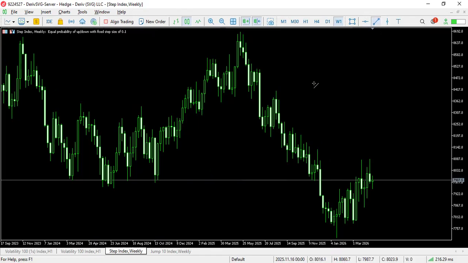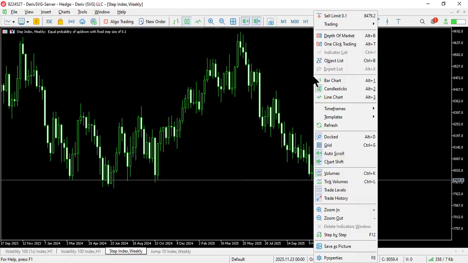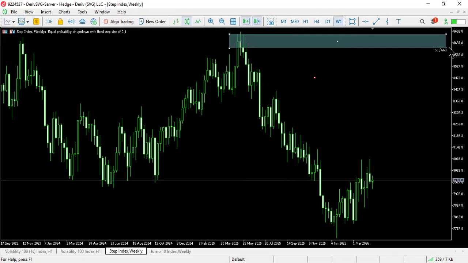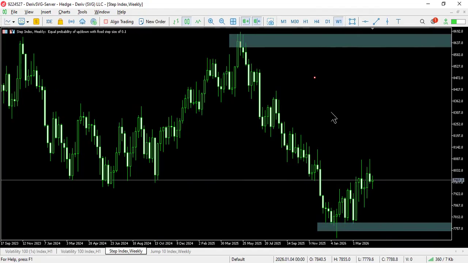Now from the weekly time frame, we can see our supply zone is there, but that supply zone price is still far from there. And then down here, we are forming a demand zone, though our overall bias is bearish.